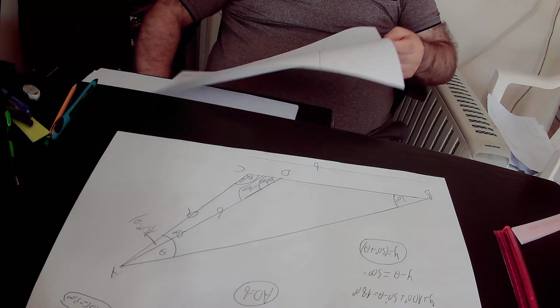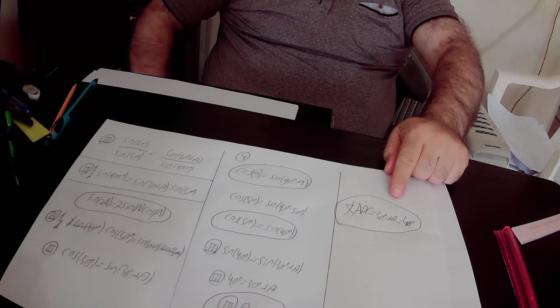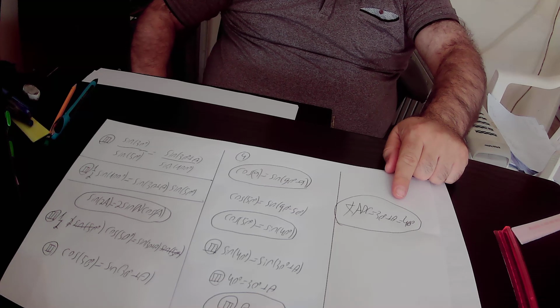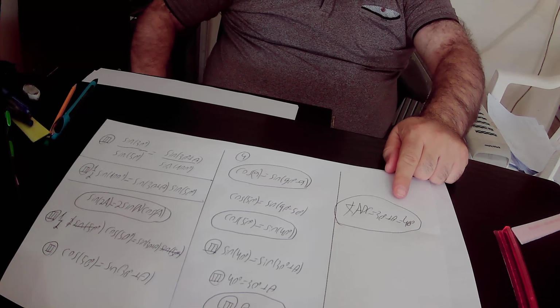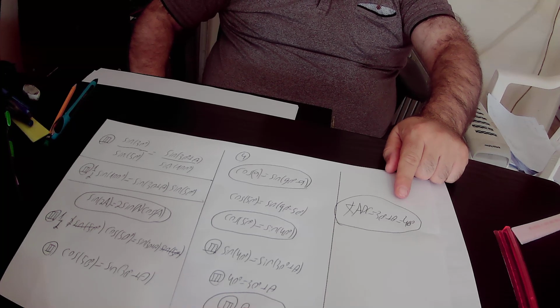Therefore, the value of angle ADC, 30 degrees plus theta, is 30 degrees plus 10 degrees. That is to say, the value of angle ADC is equal to 40 degrees.